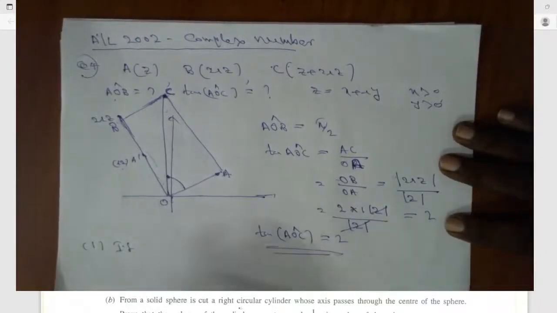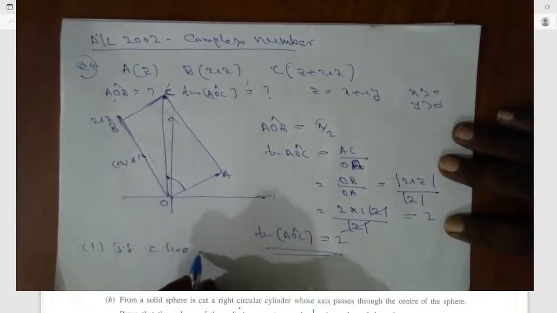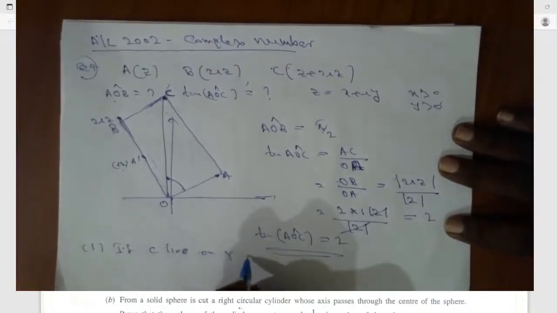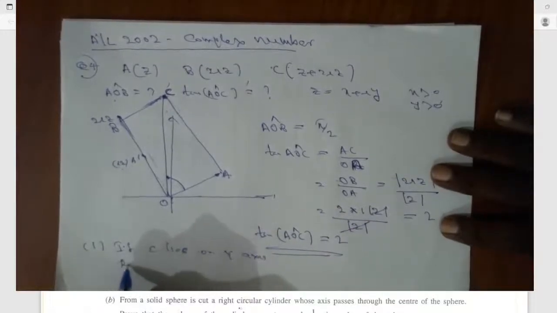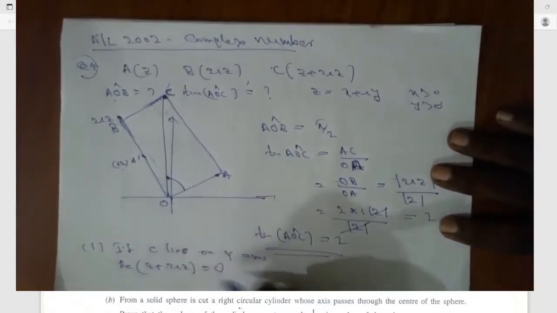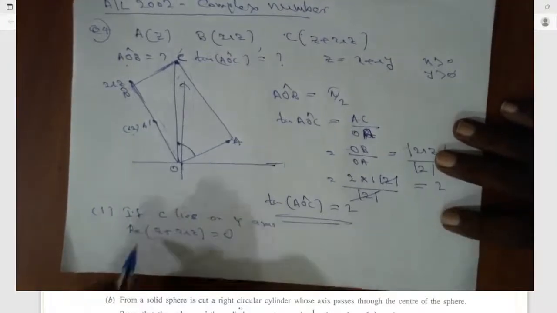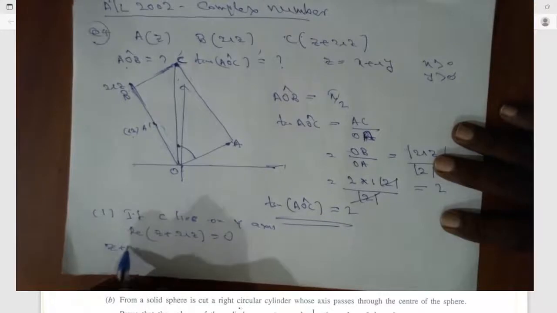First part: if C lies on the y-axis, what can you say? The real part of z plus 2iz equals 0. What is the real part of this complex number?